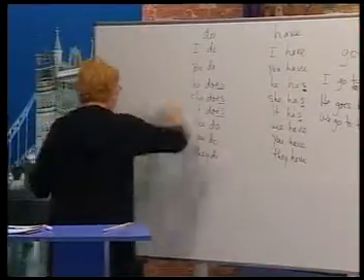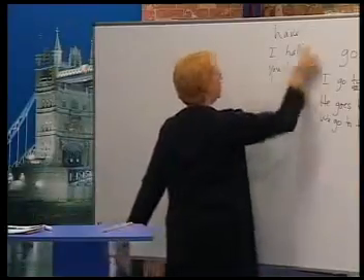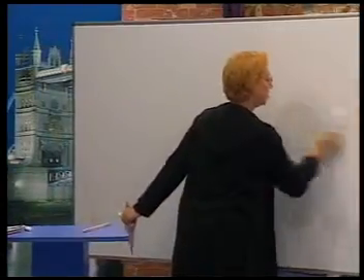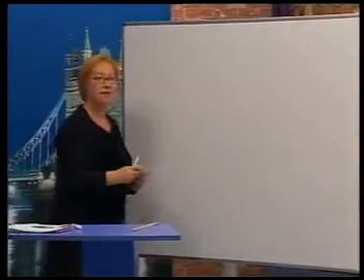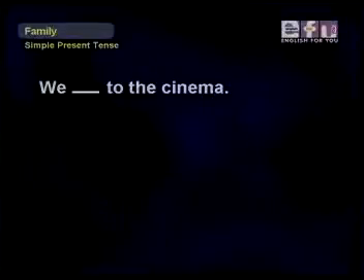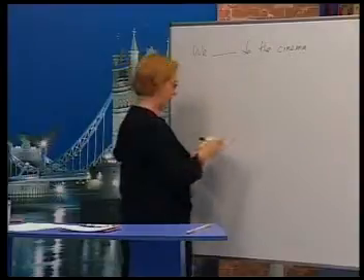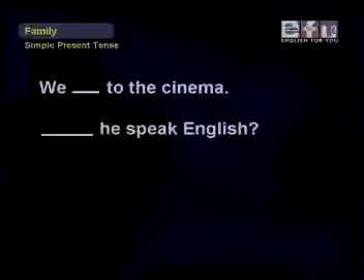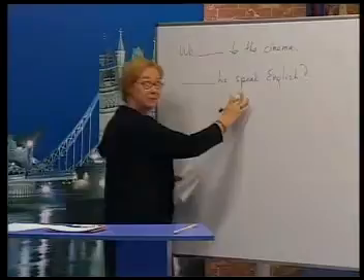First, I'm going to write some sentences on the board with blanks in them, and you're going to fill in the blanks. So here come the sentences, and assistants later, you will help me. Here's the first one. We to the cinema. He speak English.